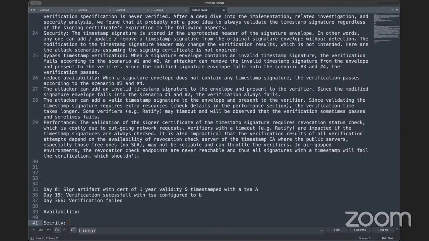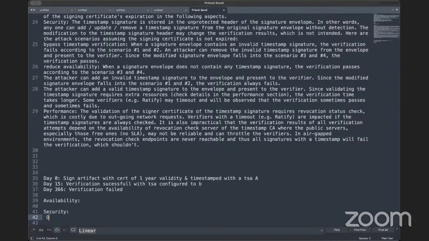Yes, it's a bit strange because, for example, you have a signing certificate, right? A signature that can pass the verification. But once you add an invalid timestamp signature to it, it starts failing.